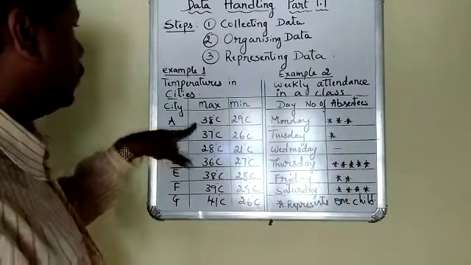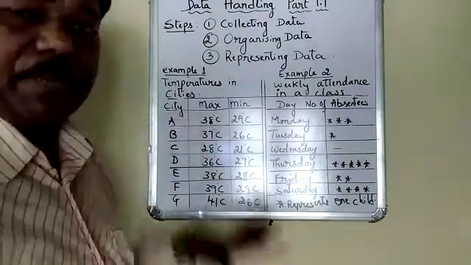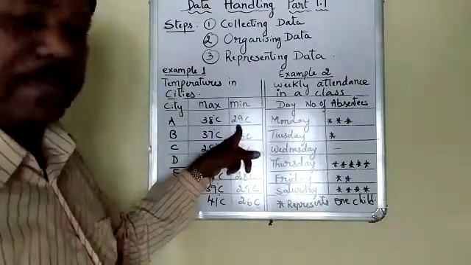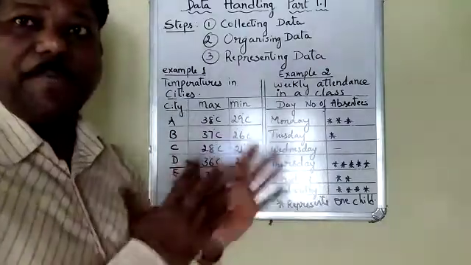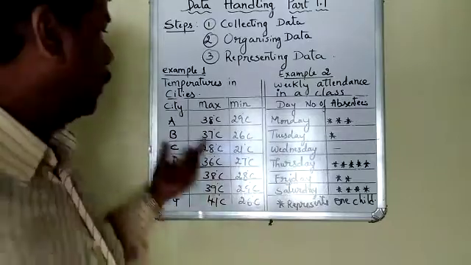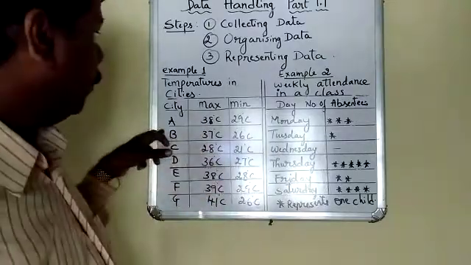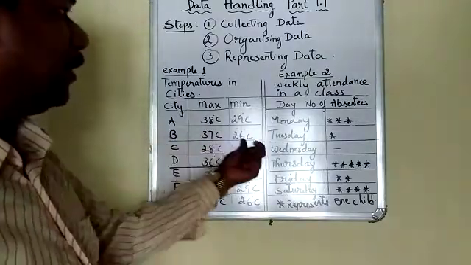In city A, the maximum temperature was 38 degrees Celsius and 29 degrees Celsius was the minimum, for that particular day. For city B, 37 and 26.